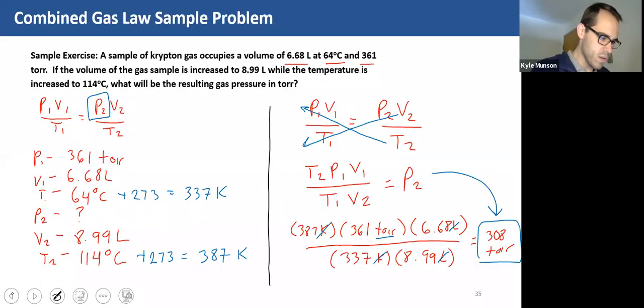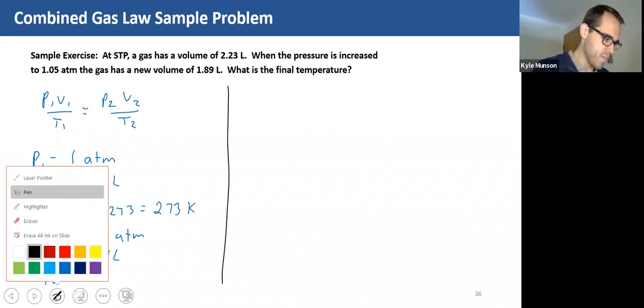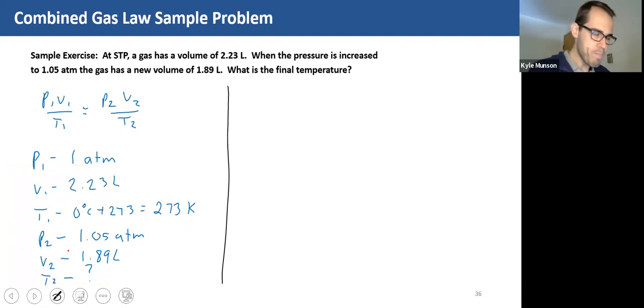What is the temperature? Oh, whoops. Hold on. There we go. Sorry, I hit move ahead on the slide. Okay. So I'm going to write the equation again, rearrange. This one's a little trickier. There's a few ways to do it, but I'm just going to write P1 V1 over T1 is equal to P2 V2 over T2.